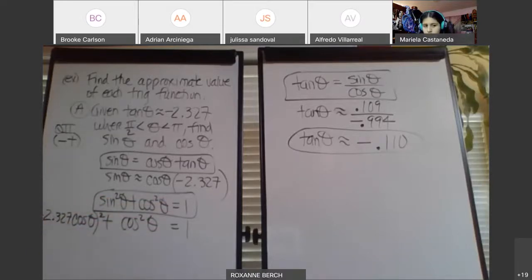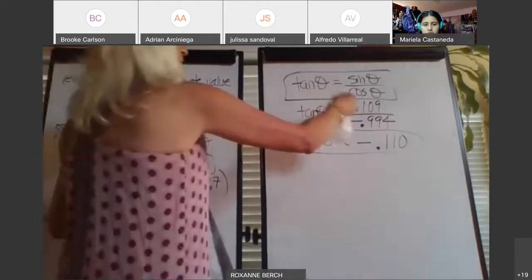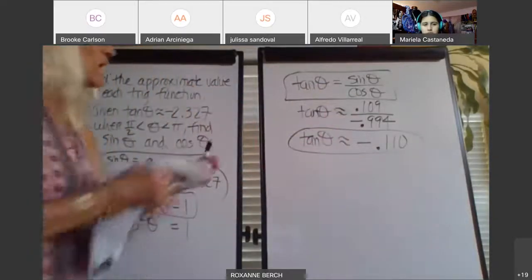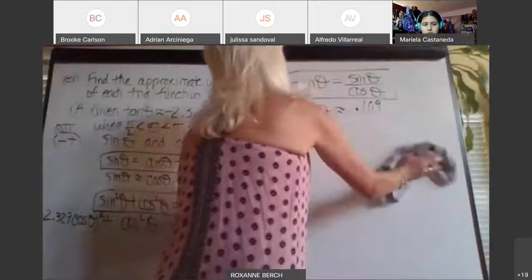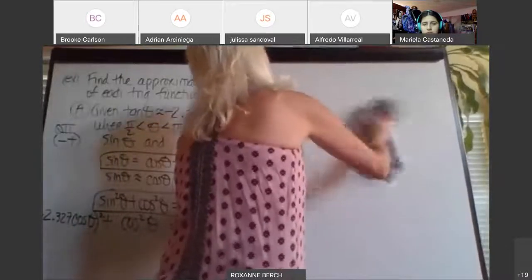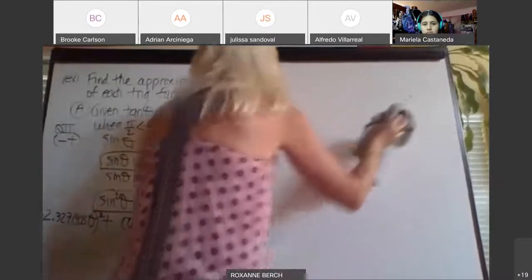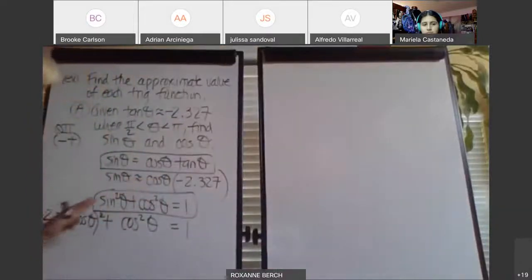Now I have a problem with all cosines, which means I can solve it. Remember, they want me to find cosine and sine. I have to have like terms. So by solving sine in terms of cosine, I can substitute in and find cosine.